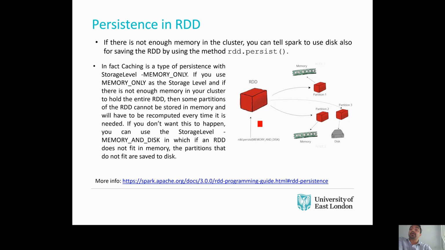Persistence in RDD. Guys, as I said in the example about spending money on buying memory or hard disk, let's say you have 64 gigabytes of memory, but you have 1 terabyte of data, and you want to work on Spark because it's faster than Hadoop.